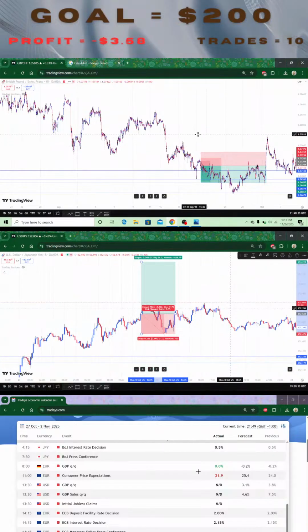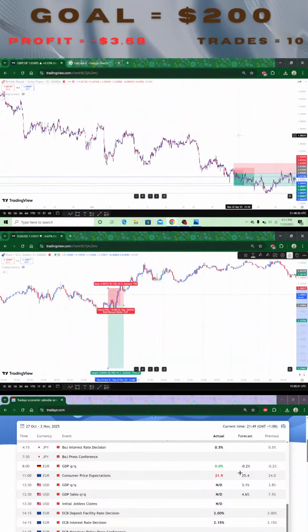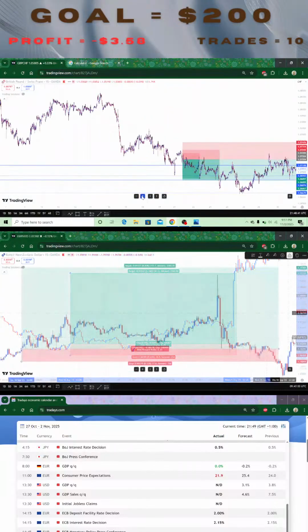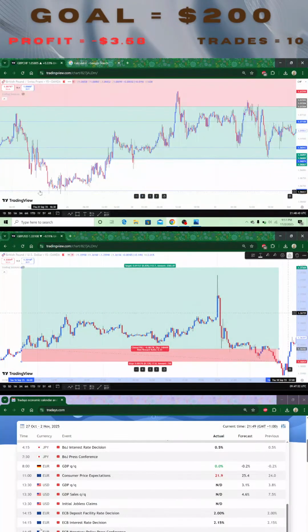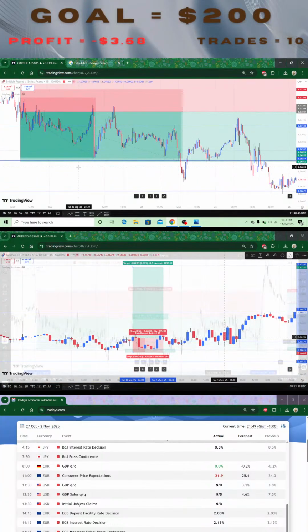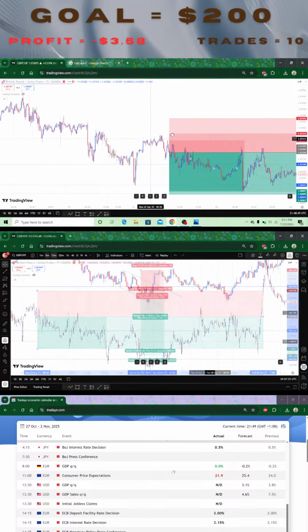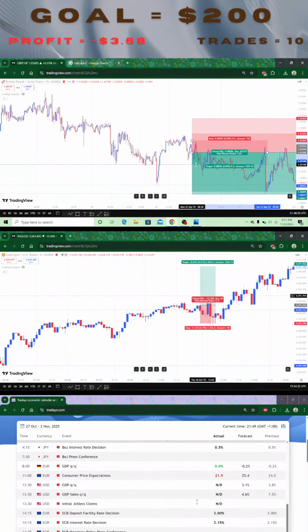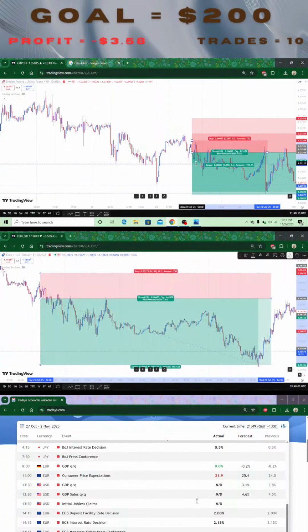So let's find our take profit. Our take profit is the major return. If we come to the first line, it's not up to 1:2.